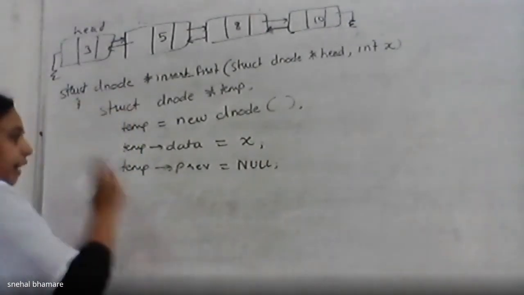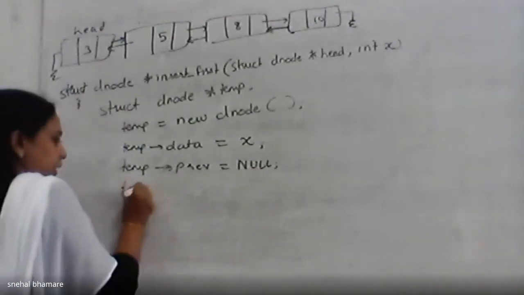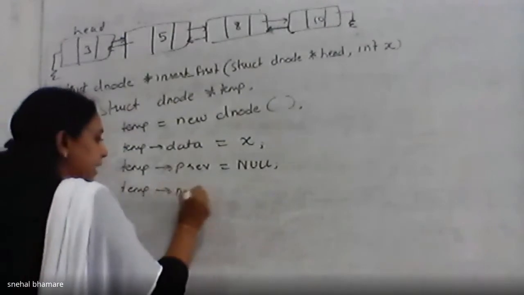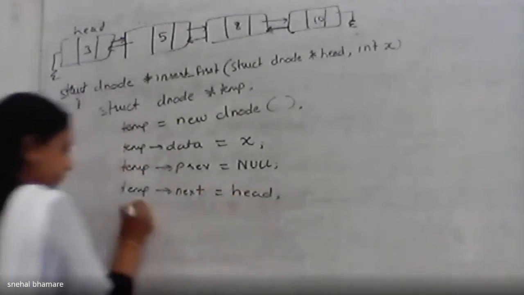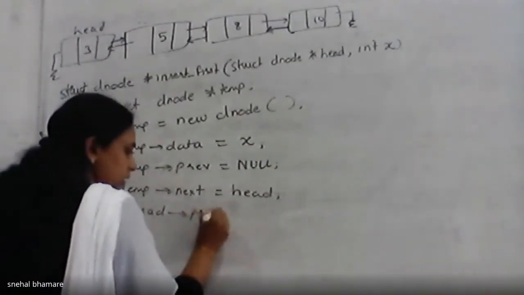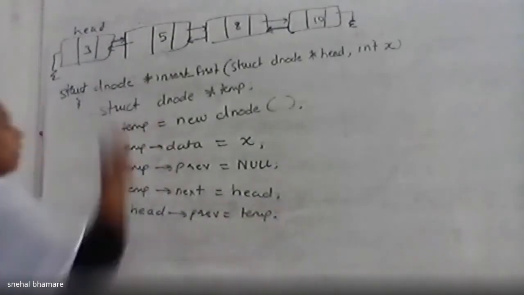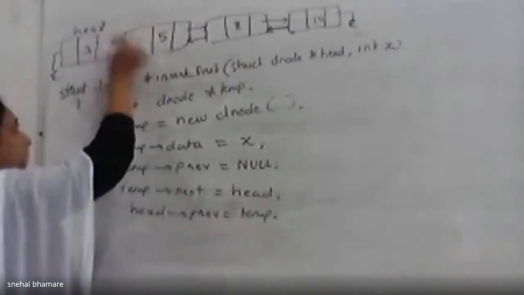Right? After making its previous equal to null, the next part will be assigned to head. So temp next is equal to head. Head previous is equal to temp. Temp next will be equal to this head. Head previous will be equal to temp.